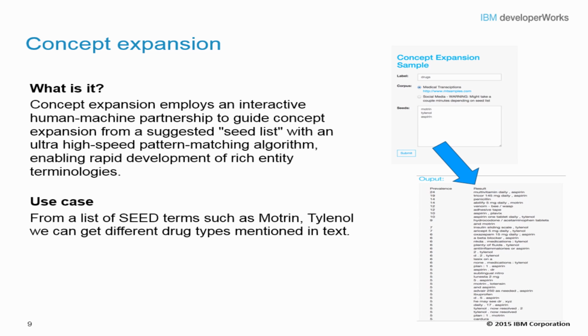It can be used to create a dictionary of related words and concepts so that unclear phrases can be better understood and analyzed. The use case illustrated here can be used to expand the drug types using the seed words Motrin, aspirin, Tylenol. This is just an example shared with you.